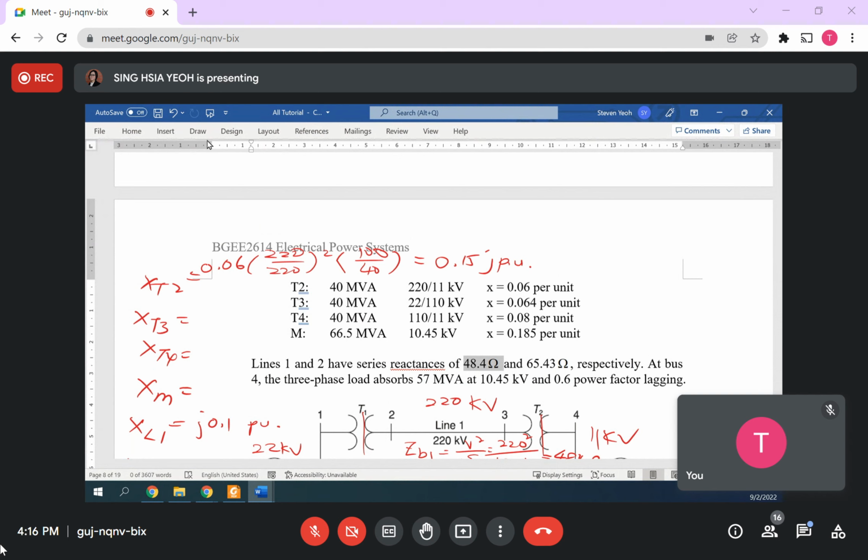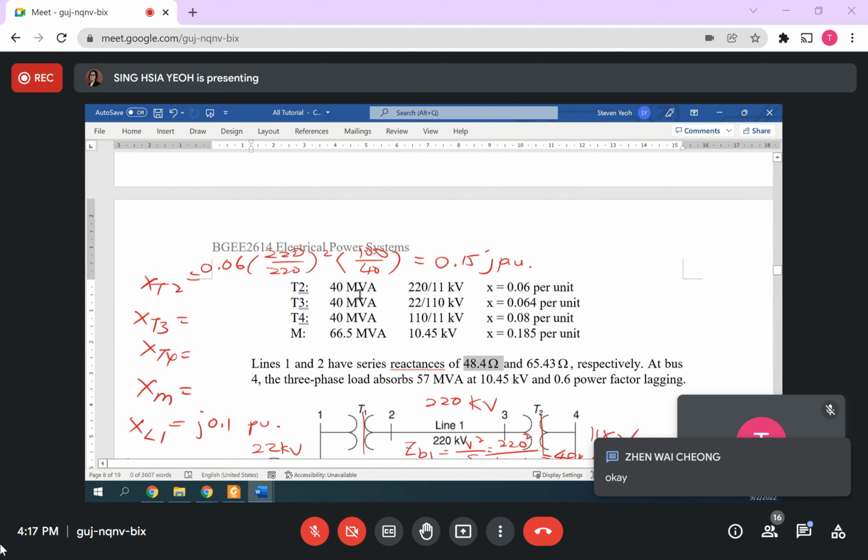Zhen Wai, please check and see which part you have a problem with. Are you using 220 with 11 kV? Okay, please make sure you understand where your mistake is.